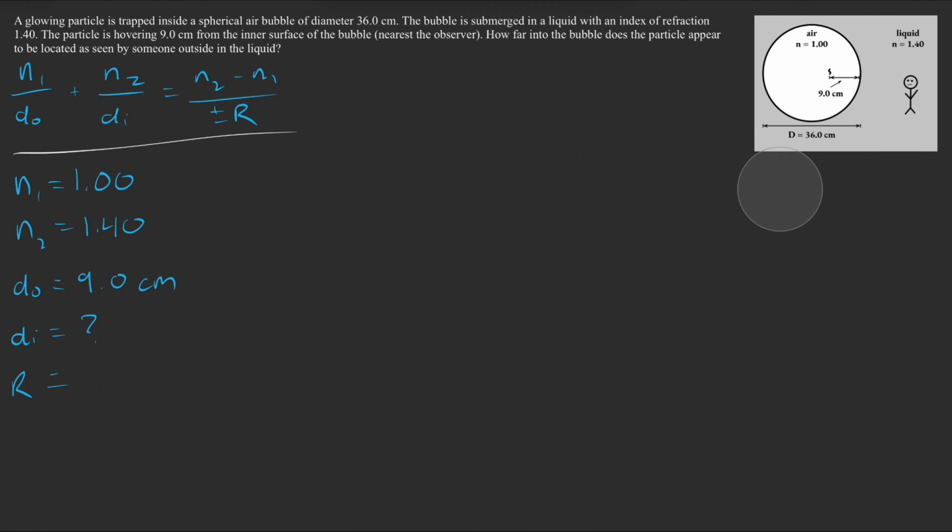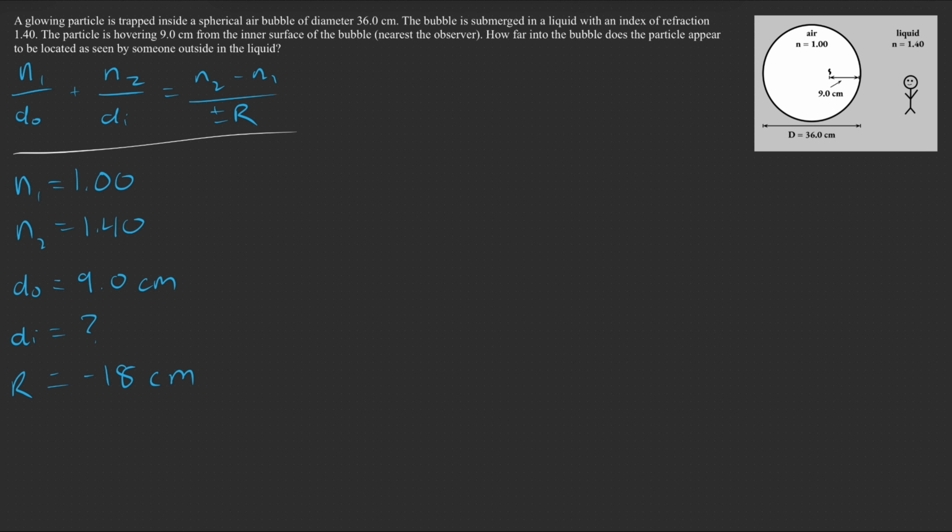Well, if we look at our picture over here, let's draw our light ray. Our light ray starts at the object, travels, and encounters a concave surface before continuing on to the liquid. Concave surface means we have a negative R value, which means our R value is going to be negative 18 centimeters.